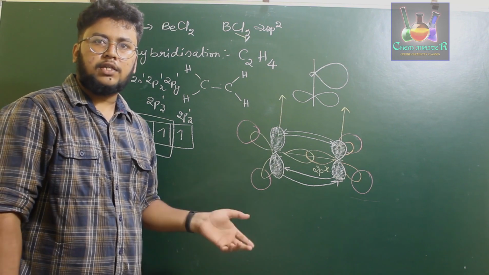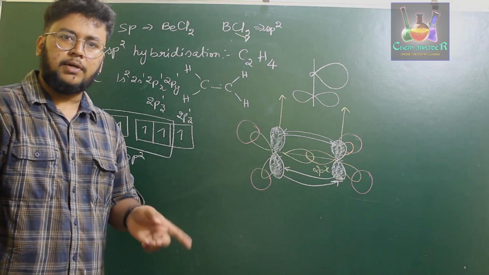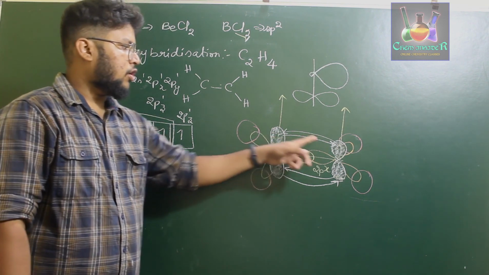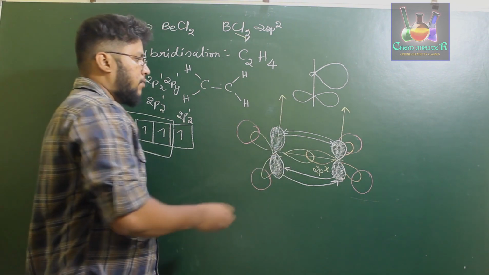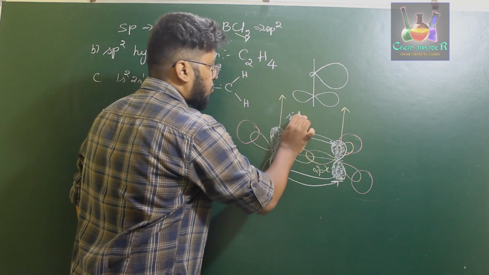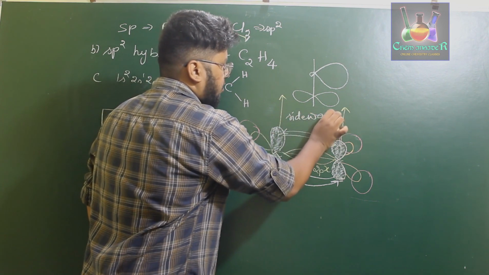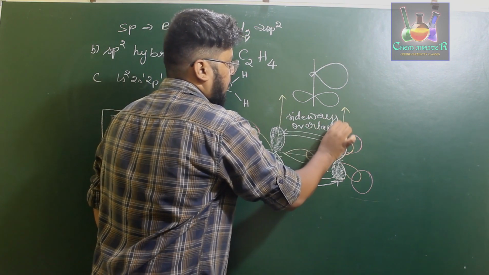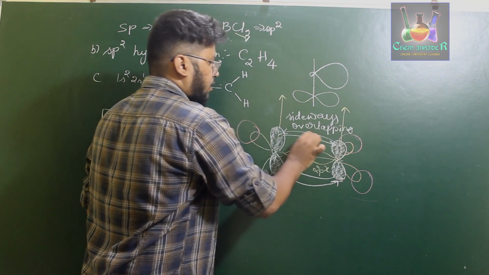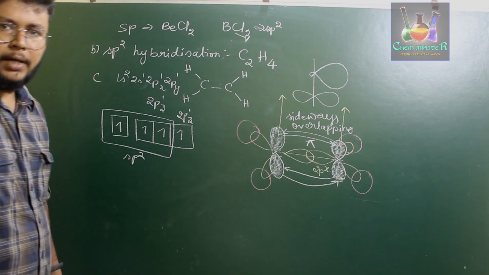And as we have discussed in the hybridization concept of sigma and pi bonds, if two orbitals undergo sideways interaction, then that is called sideways overlapping, and it leads to the formation of pi bonds.